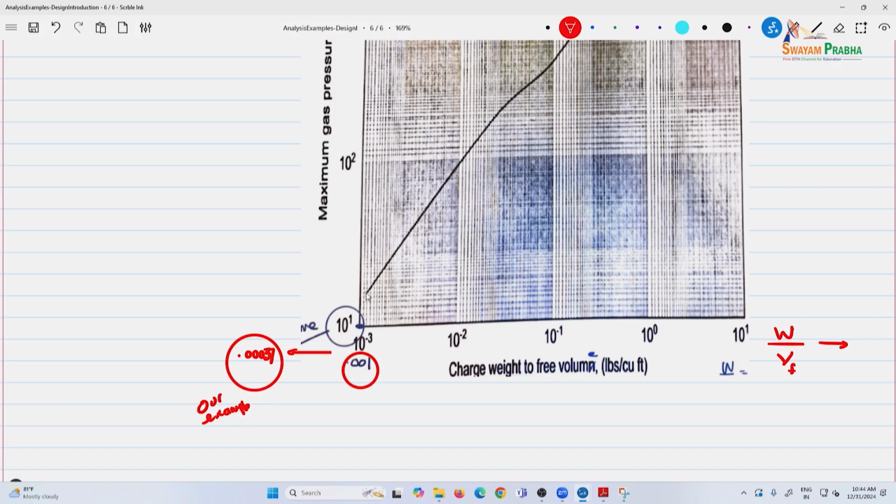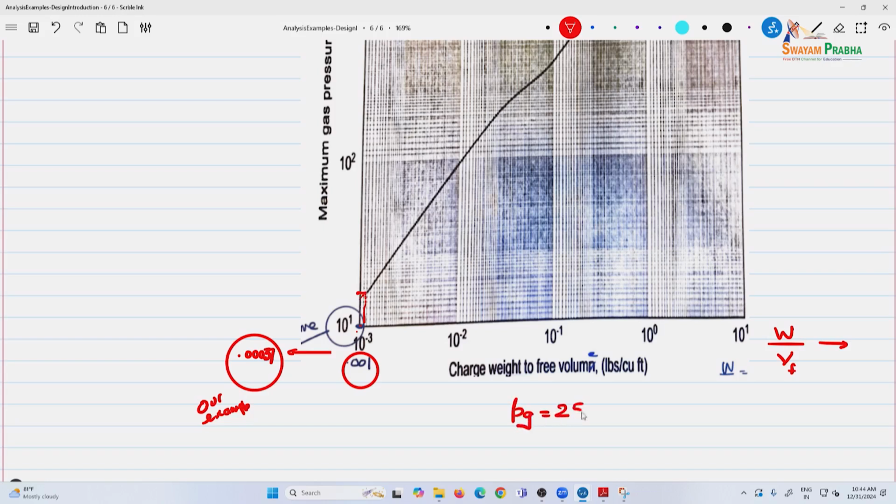So you can use something very close to this one, and so that is 100, this is 10, so maybe 10, if you can extrapolate or you can come down, so maybe this is 20 psi or 25 psi, let's say.